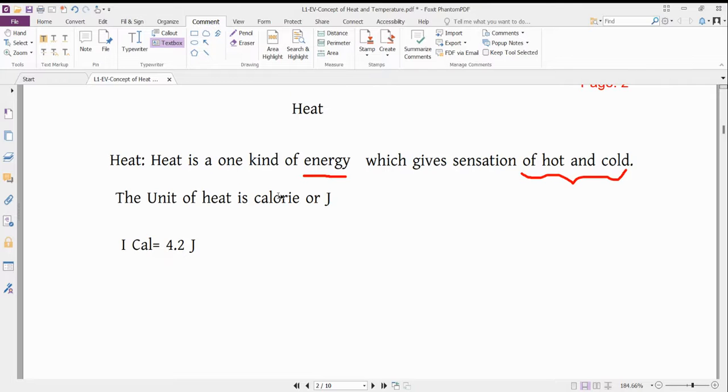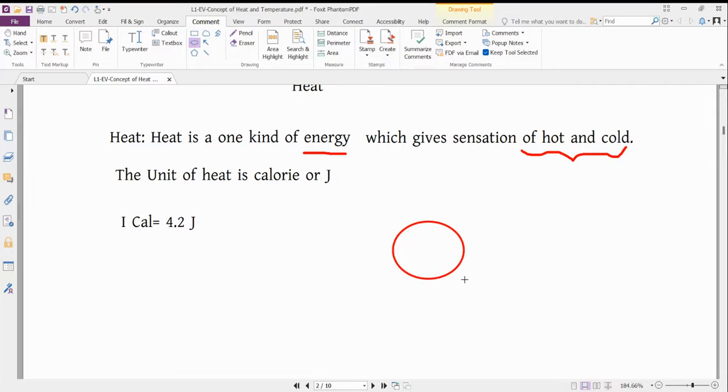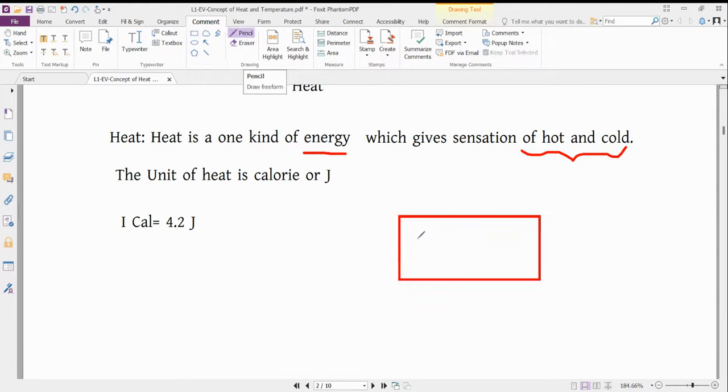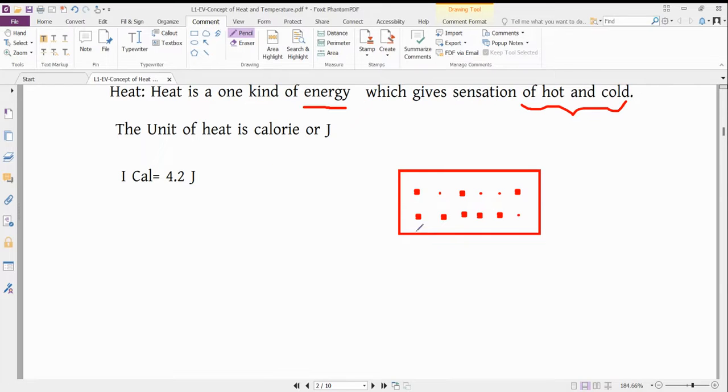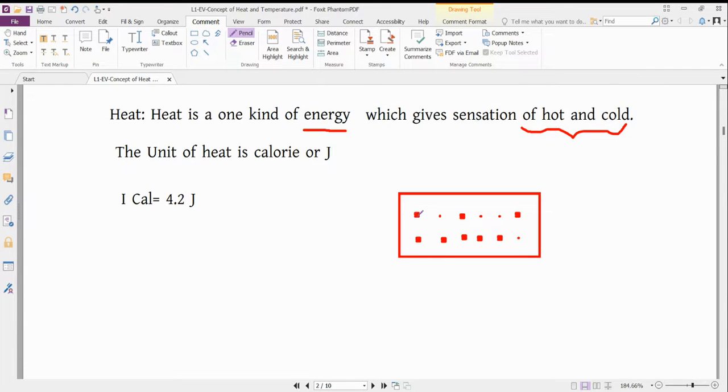If I describe the heat in terms of the molecular state of a body or substance, for example, let us consider a body. You know that a solid object or body contains millions of molecules, and each of the molecules vibrates all the time, always vibrates, and this vibration can be considered as a periodic motion, like the motion of a spring.